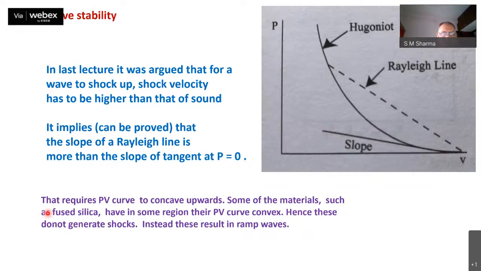So this implies that this curve has to be concave upwards. If this is not concave upwards, then a large amplitude wave, as it is launched into the material, will not shock up. It will actually generate a ramp wave. And there are examples. For example, silica in some region doesn't show a compression curve which is concave upwards, so it is used to generate not shock waves, but ramp waves.